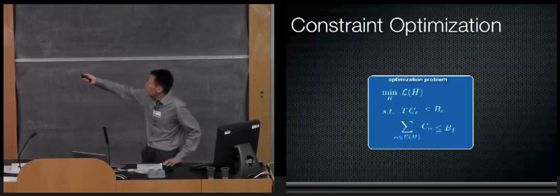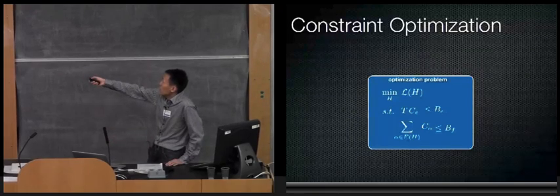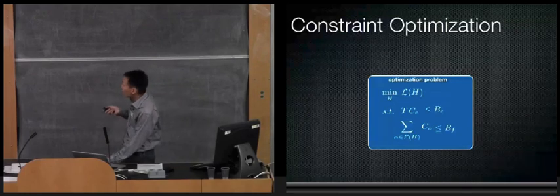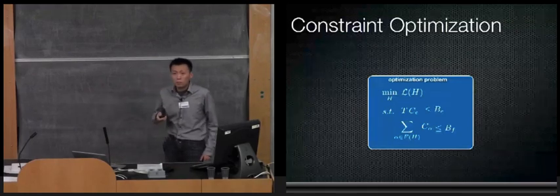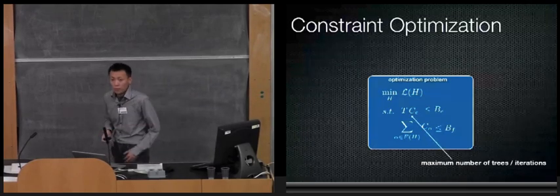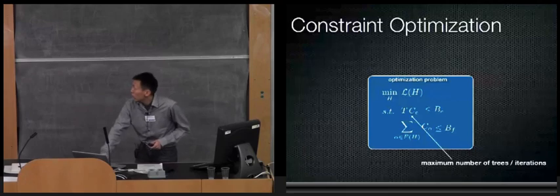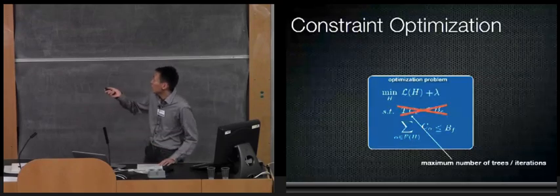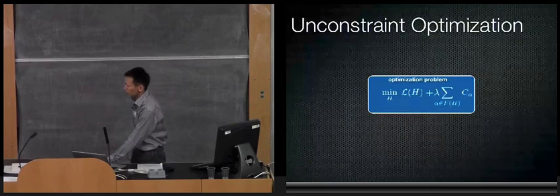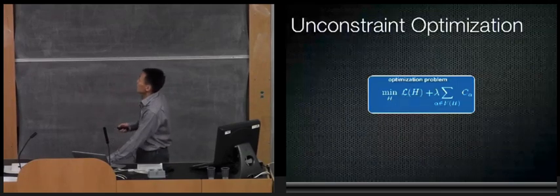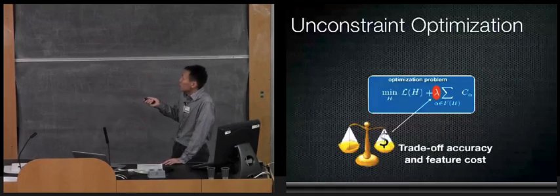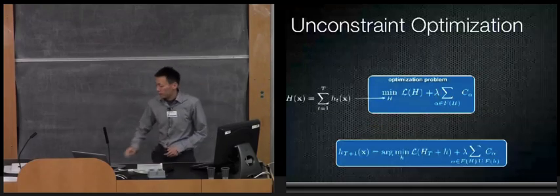As you see, the tree evaluation cost is the number of trees times a constant, so it is bounded by the maximum number of iterations, and we can easily remove it from the constraints. We can also use a Lagrange formulation to move the feature extraction cost from the constraint to the objective. The Lagrange multiplier is exactly the trade-off parameter between feature extraction cost and accuracy.